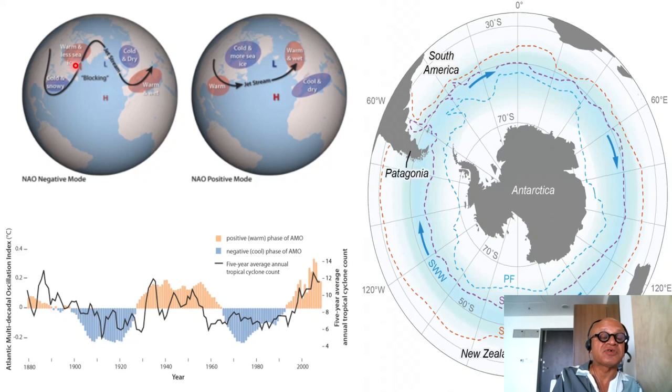I'm sorry, I can hardly read what is written. So snowy and dry, warm and less sea ice. So the Labrador Sea gets a warmer climate because you have warm subtropical air inundating into higher latitudes, as opposed to cold dry air coming down all the way into lower latitudes here, and so on.